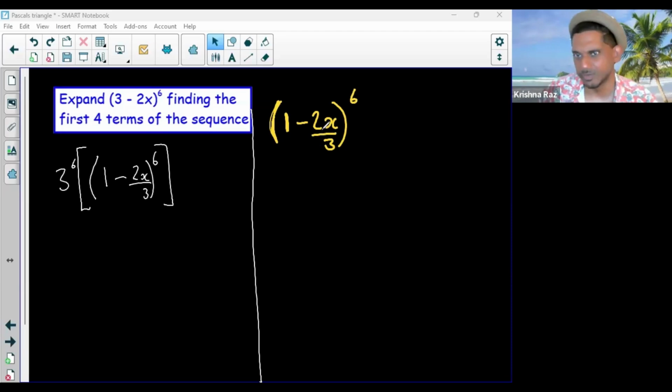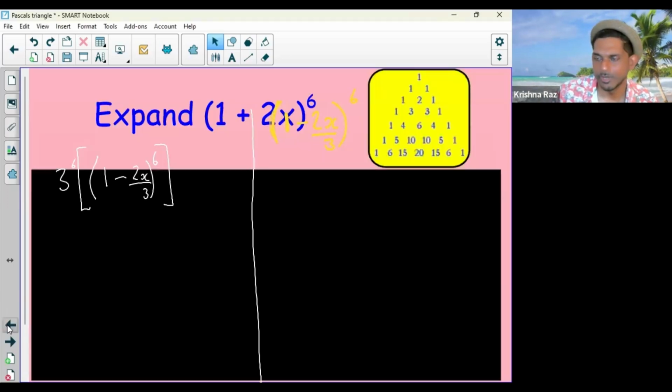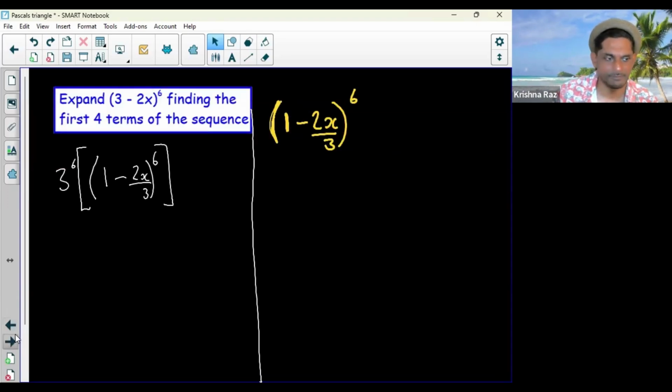And we only want the first 4 terms, yeah? So using Pascal's triangle, I'm trying to think what the last values were. Let's have a look. We had the 1, 6. It was the bottom layer of the triangle. So the first 4 terms are 1, 6, 15, 20. Yeah? So I'm going to use that.